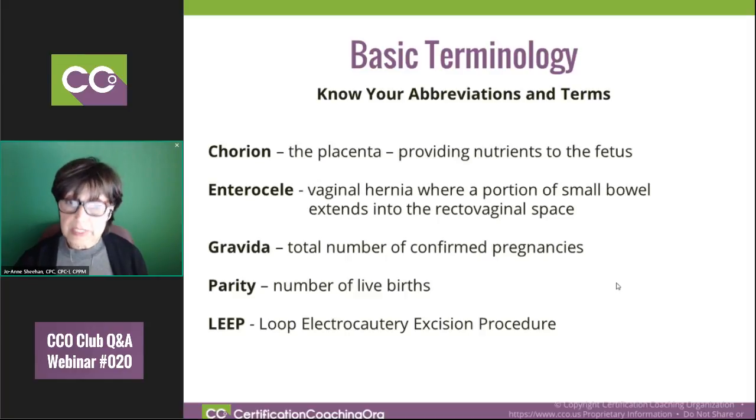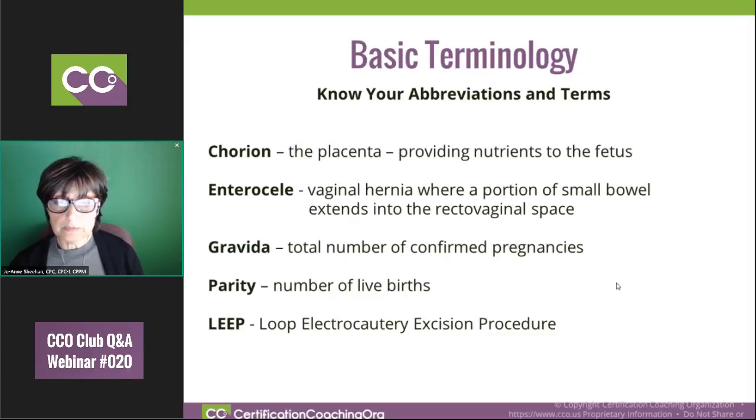Then you have enterocele, which is vaginal hernia, where a portion of the small bowel extends into the rectovaginal space. You will see a lot of references in gynecology that refer to this, or rectocele. Gravida is the total number of confirmed pregnancies. Parity is the number of live births.